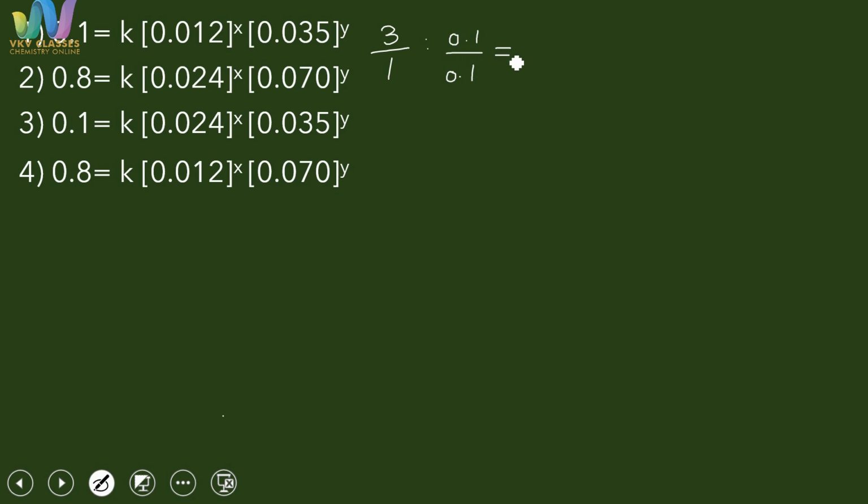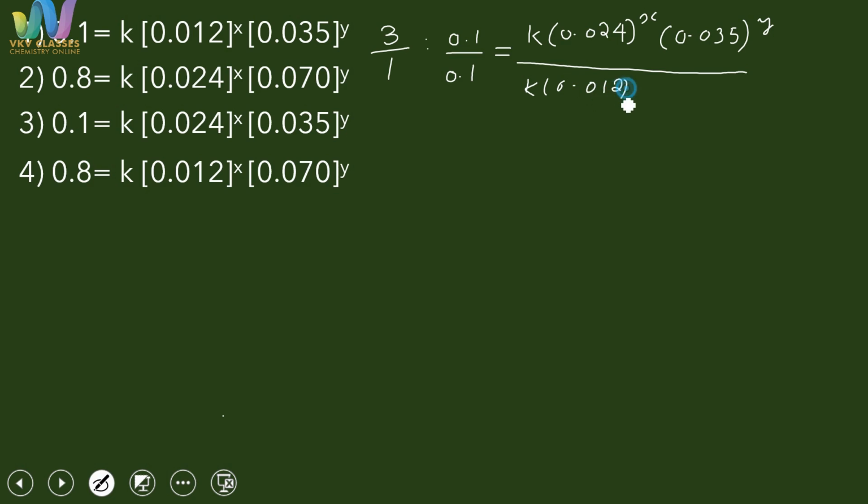This will be equal to K into 0.024 power X into 0.035 power Y divided by K into 0.012 power X into 0.035 power Y. K gets cancelled. 0.035 power Y also will get cancelled.